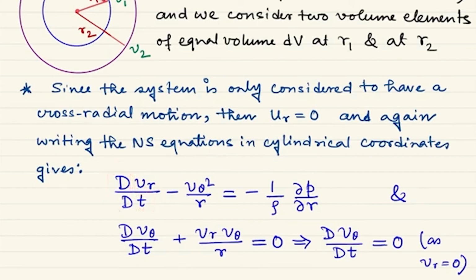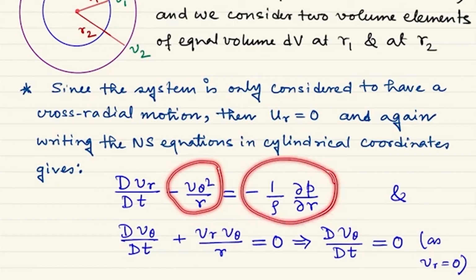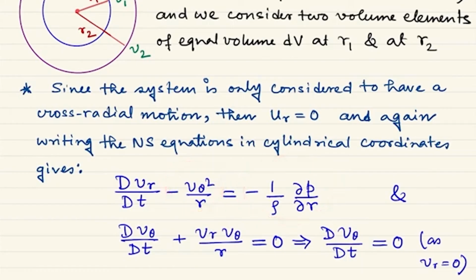That means we are now concentrating on a fluid element or fluid particle. So dVr dt minus v theta square by r is equal to minus 1 by rho del p del r. The acceleration of the fluid element is due to two things: one is the centripetal acceleration and one is the pressure gradient force. So this is the net acceleration.